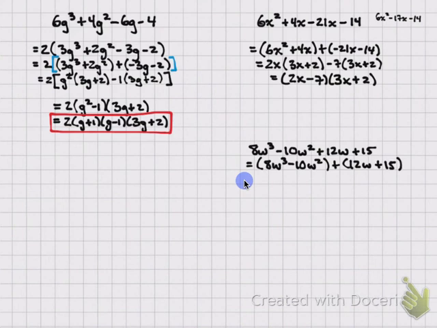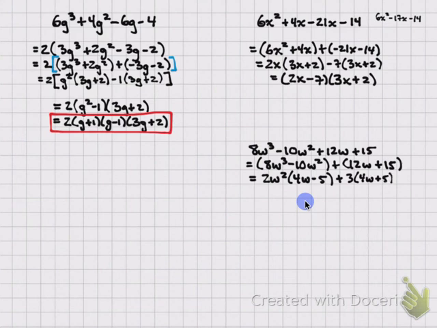First grouping looks like it's got a common factor of 2w to the second power. So let's go 2w squared times 4w minus 5. And the second grouping looks like it has a common factor of 3. And so we've got 3 times the quantity of 4w plus 5.